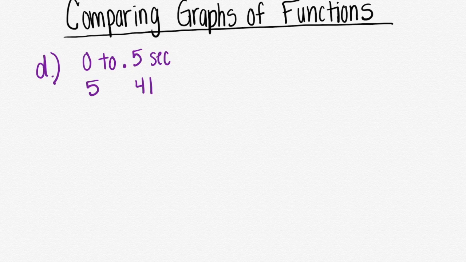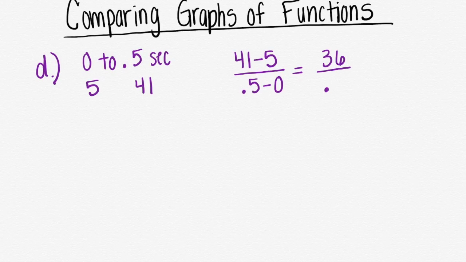So what you were supposed to do to find the average rate of change for the interval is you do 41 subtracting 5 over 0.5 subtracting 0. So in other words, 36 divided by 0.5, which gives me the rate of change of 72. And that's what you put in that box.